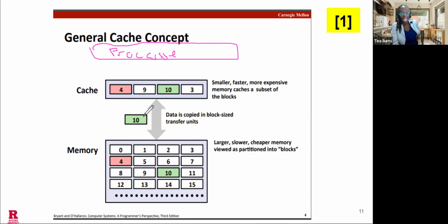My processor says, hey, I want to get data from here, right? If main memory was not here, my processor would have to search. It wants to get at address 10. It would have to search through all these, 1, 2, 3, 4, 5.